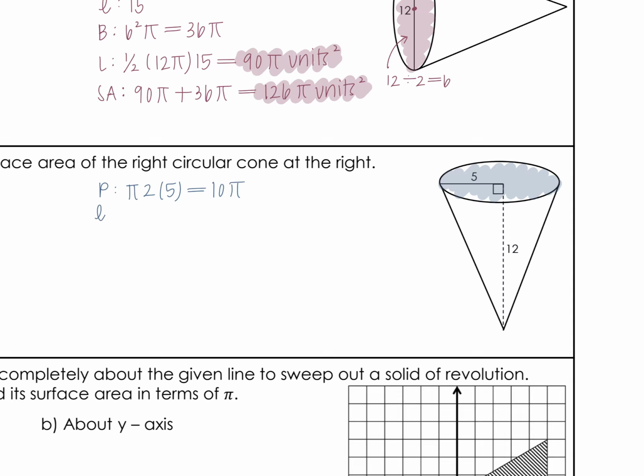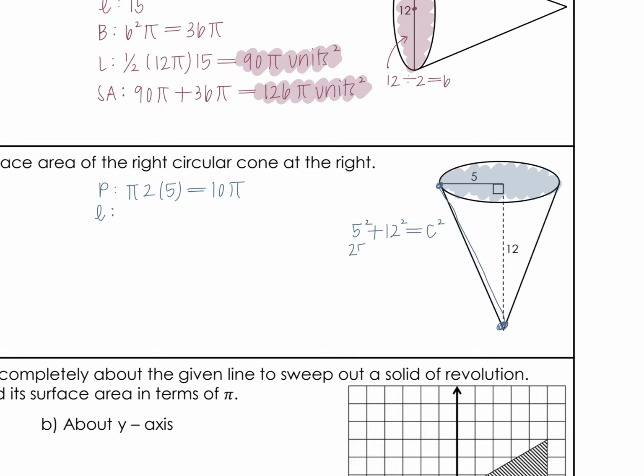Then we need our slant height. Okay, so once again, we need the slant height. That is going to be along the edge of the cone. It's not the perpendicular one. So we're going to use Pythagorean theorem to find this. We have our 5 squared plus our 12 squared is going to be equal to c squared.